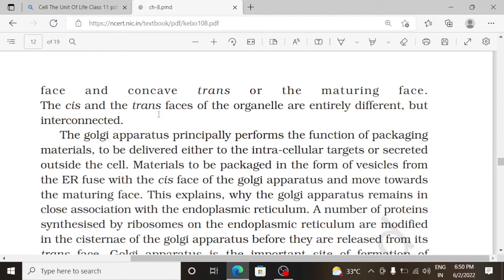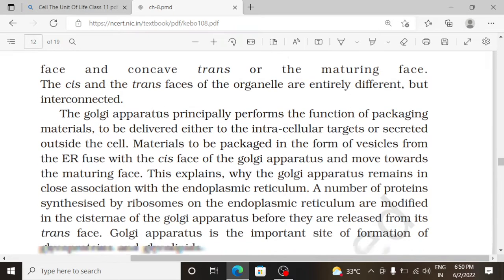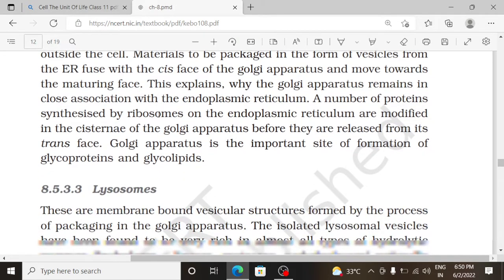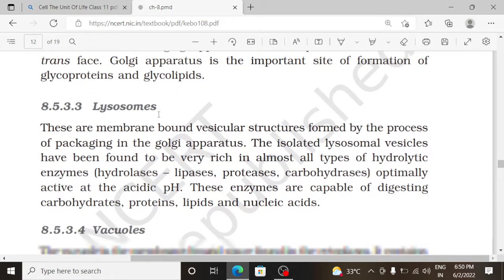This explains why the Golgi apparatus remains in close association with the endoplasmic reticulum. A number of proteins synthesized by ribosomes on the endoplasmic reticulum are modified in cisternae of the Golgi apparatus before they are released from its trans phase. The Golgi apparatus is an important site of formation of glycoproteins and glycolipids.